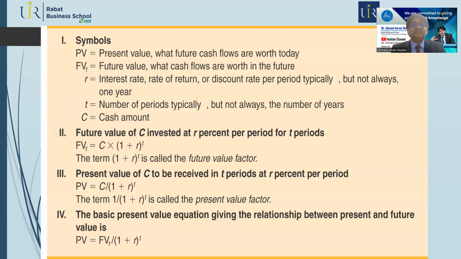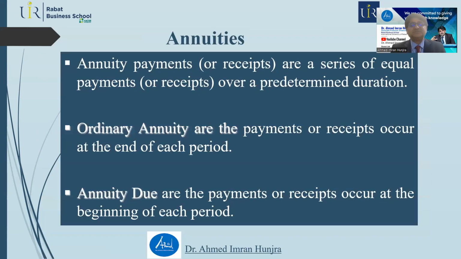So these are the basic symbols, and these symbols are already explained. Present value is represented by PV, and future value is represented by FV, and so on. Already we know these expressions. So here we have the annuities. What is an annuity?